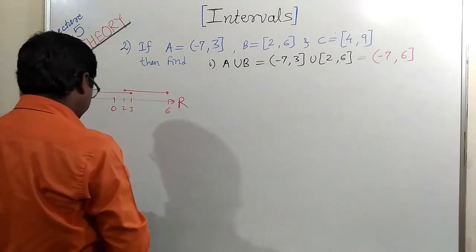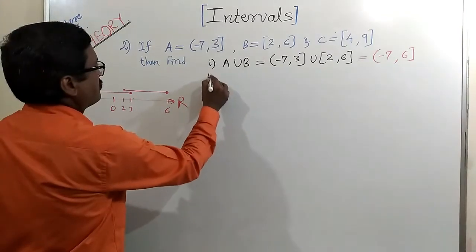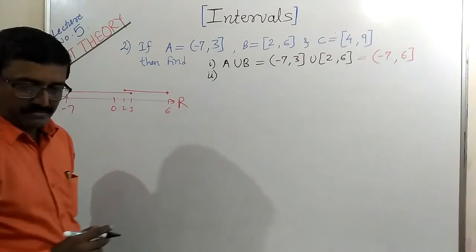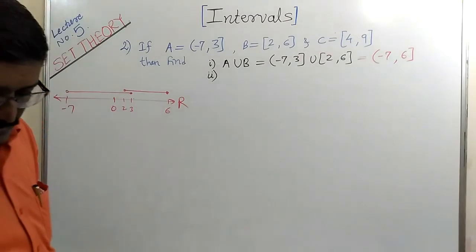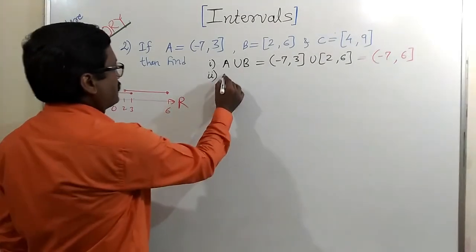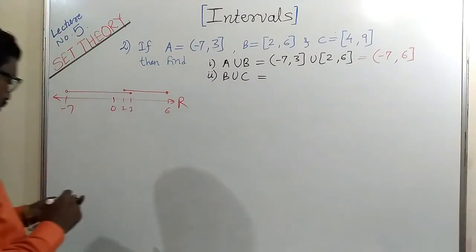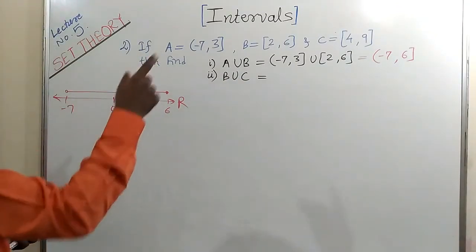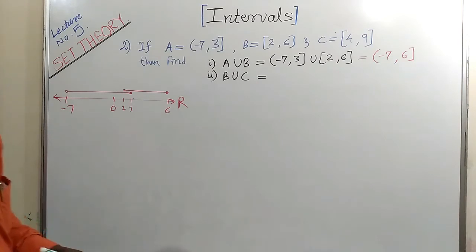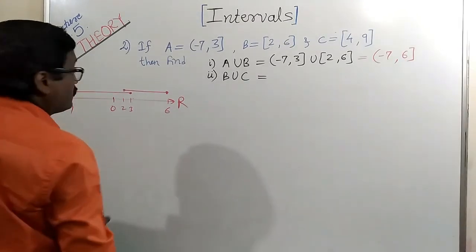Let us see the second one. In the second part, B union C is asked. Once again, B is close 2 to 6 and C is close 4 to 9.